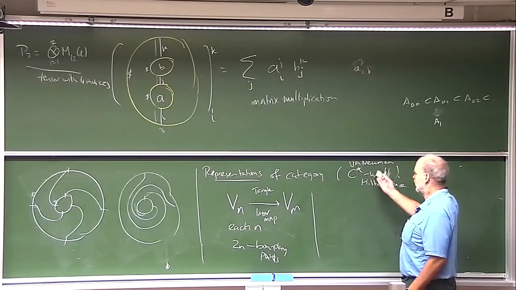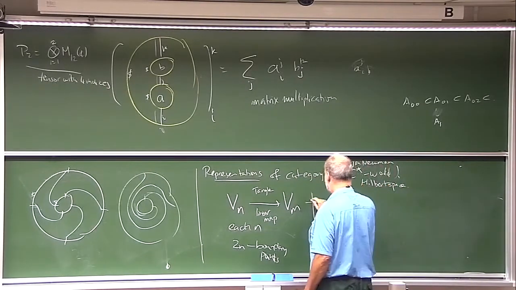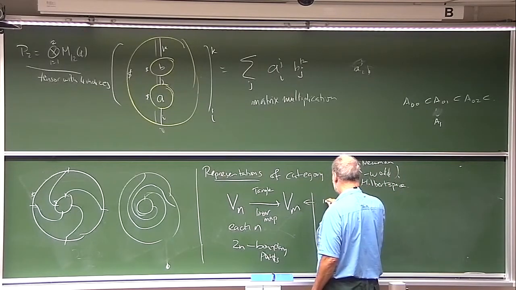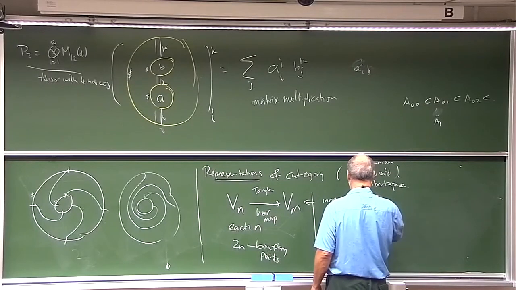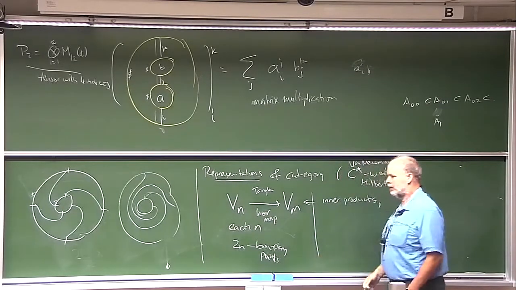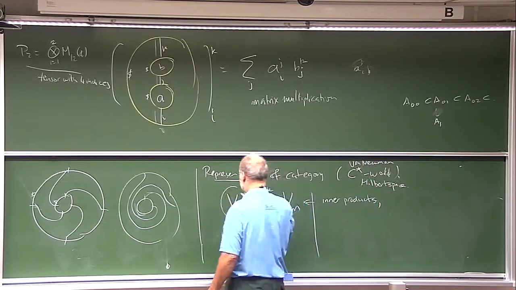Okay, now in this von Neumann algebra C-star world, I want these things to have inner products. Now, as soon as they have inner products, they're Hilbert spaces. These are finite dimensional vector spaces.